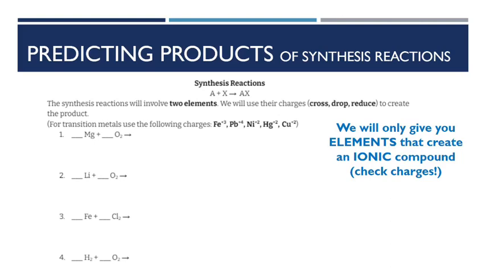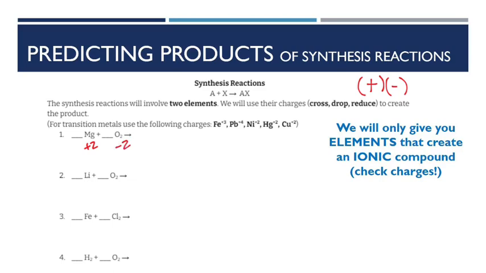And the other thing that you need to make sure of, other than knowing your charges, and we will tell you, like what we've done here, the charges of some transition metals, if those are going to occur in a reaction, is that we always put the positively charged ion first and then the negatively charged ion. So when you're looking at the elements that are coming together, sometimes, like here, we are giving you the positive one, then the negative one, because magnesium likes to be a +2, oxygen likes to be a -2.